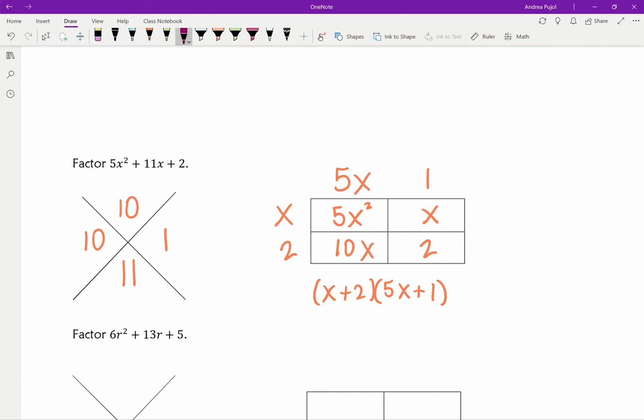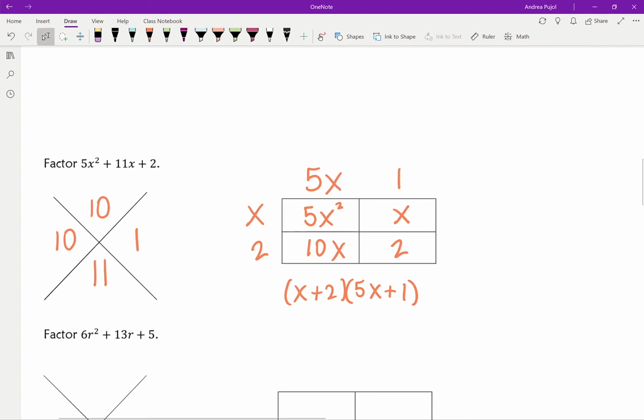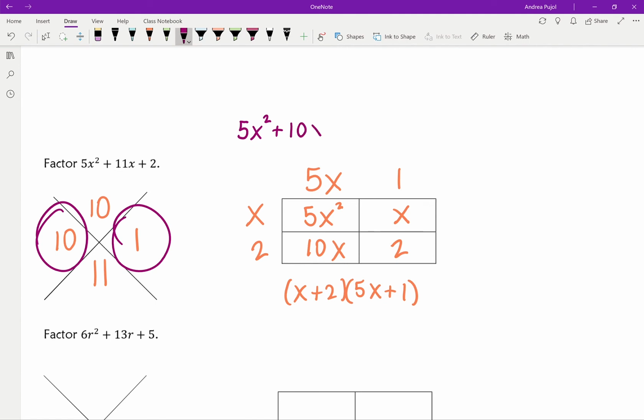Another way to think about this is, instead of using the box, we can use these factors that we came up with and just write 5x squared plus, and then split that 11x into the two factors we came up with, which were 10x and 1x, respectively. And then, if we split this into two chunks, we can factor each of those binomials.